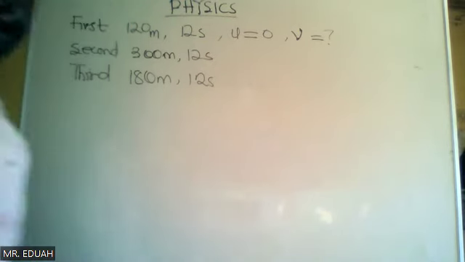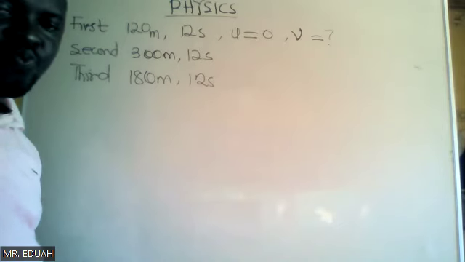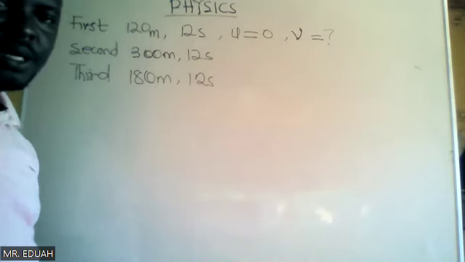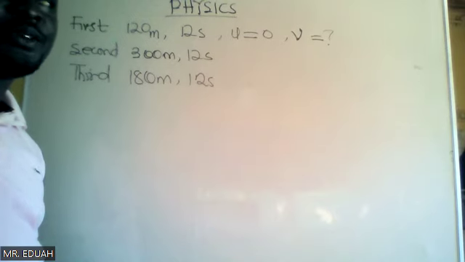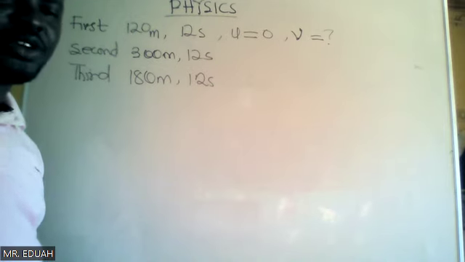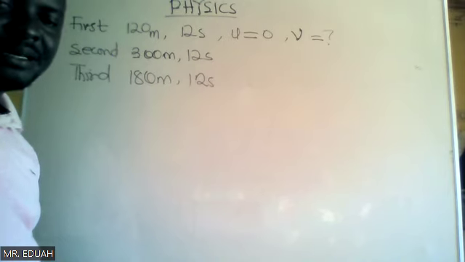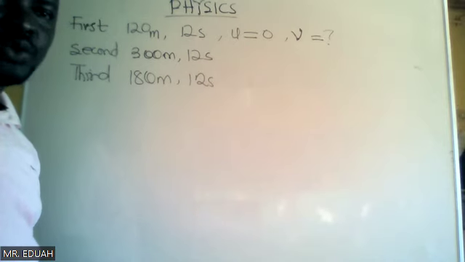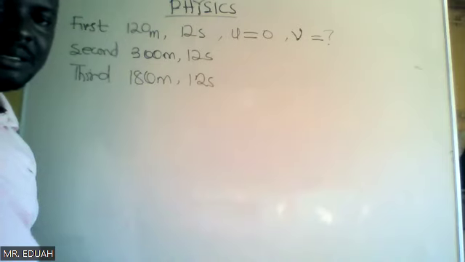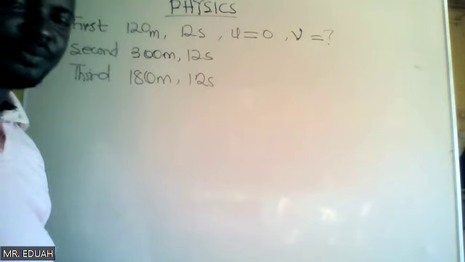Class, are we through? I gave you 1.5 minutes. Eva cannot hear. 120 meters per second squared. You had 120? Yes. Any seconder?